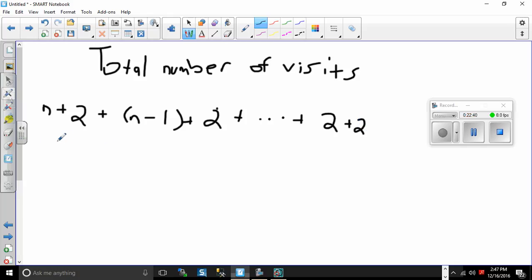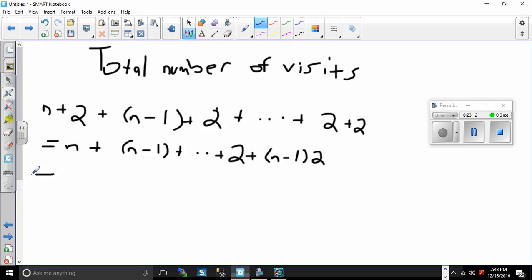When we simplify this sum, we will have n plus n minus 1 plus 2 plus n minus 1 times 2 visits. That is the total number of visits when we hunt for the smallest element, and then do the swapping and so forth.